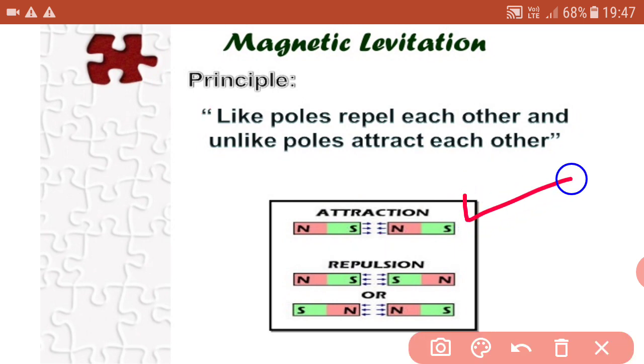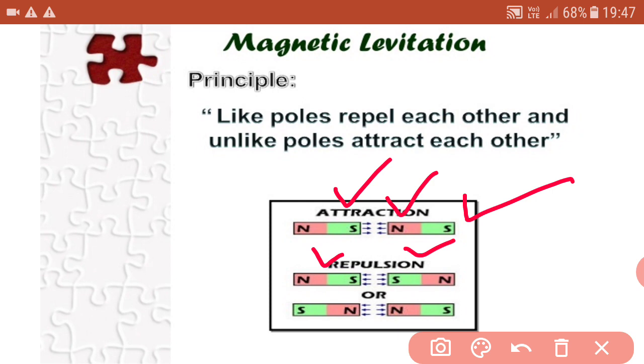So the first case will be attraction. It means two dissimilar poles are there, or in other words, unlike poles are there. South and north are unlike poles, so there is an attraction. If like poles or similar poles are there, then in this second case there is a repulsion.